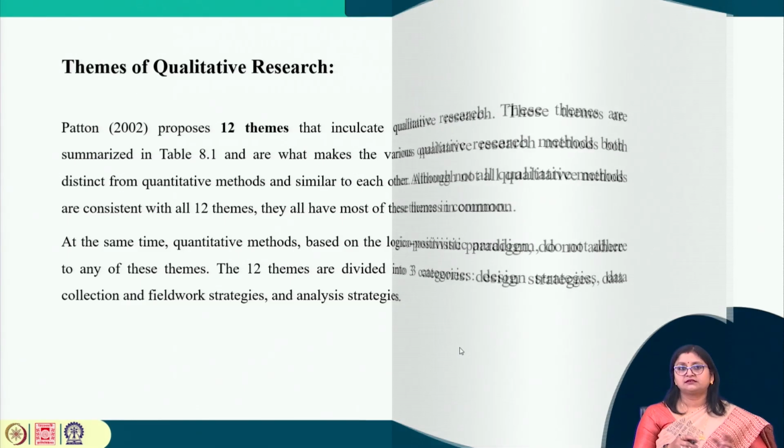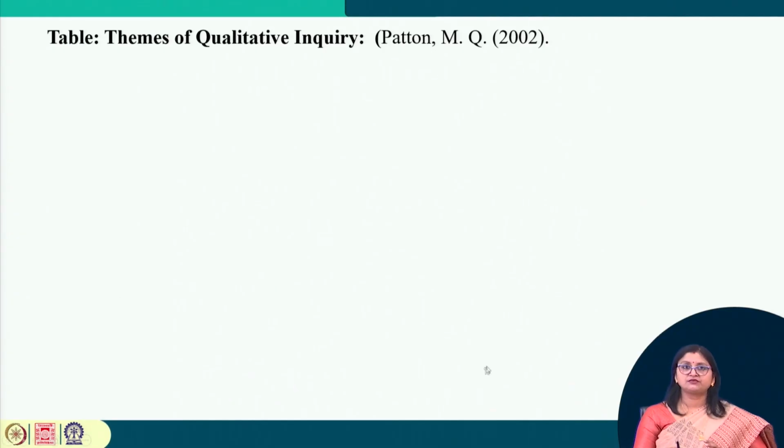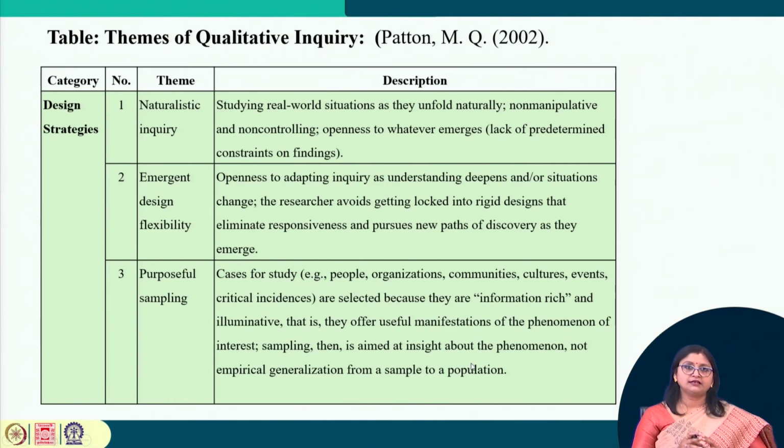So, let us start with these themes of qualitative inquiry given by Patton. I have just copied the table for your easy understanding. Patton suggested the first, that is design strategy. It has 3 parts: naturalistic inquiry, emergent design flexibility, and purposeful sampling.